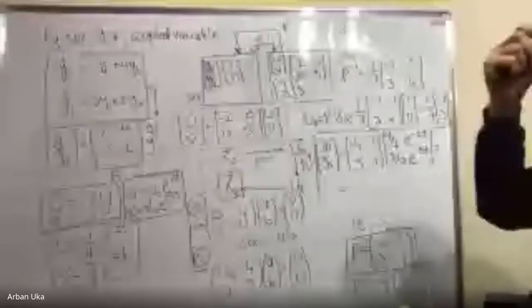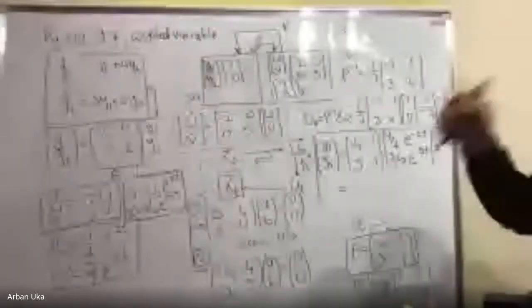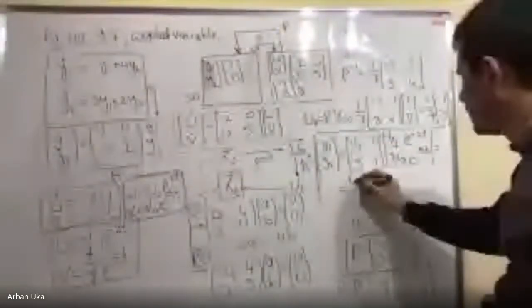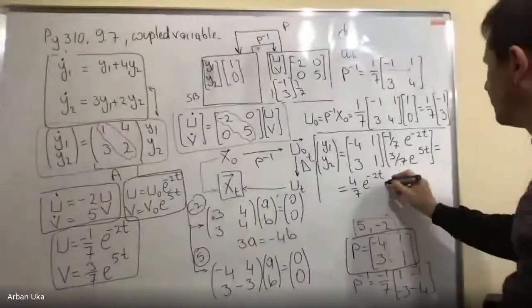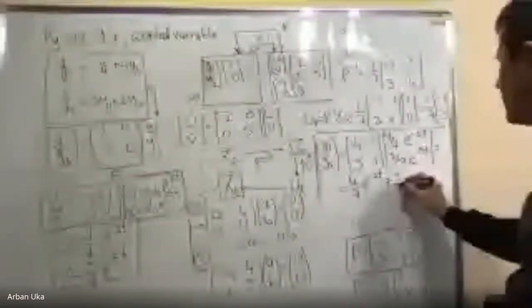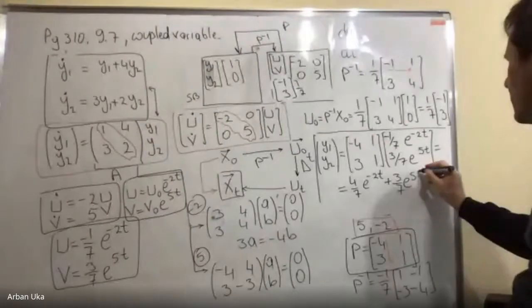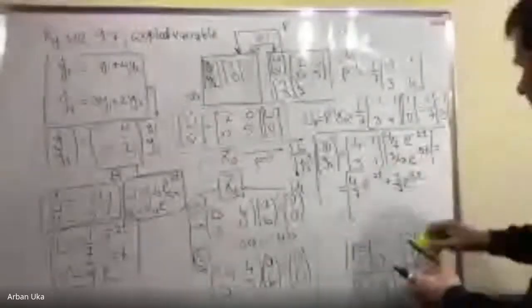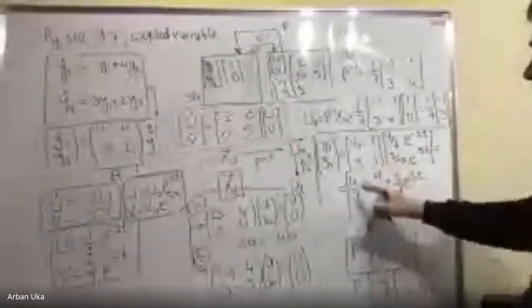Okay, and y1 and y2, finally, they would be equal to, we have here minus 4 times minus 1 over 7. We get here 4 over 7 times e to the power minus 2t plus 3 over 7 times e to the power 5t. Okay, this is y1.